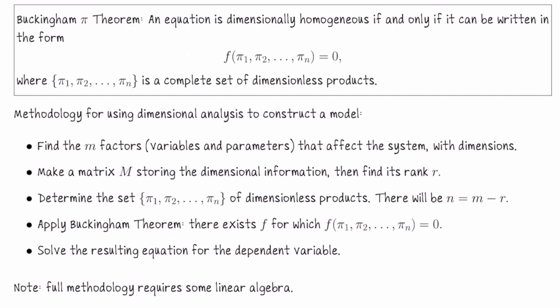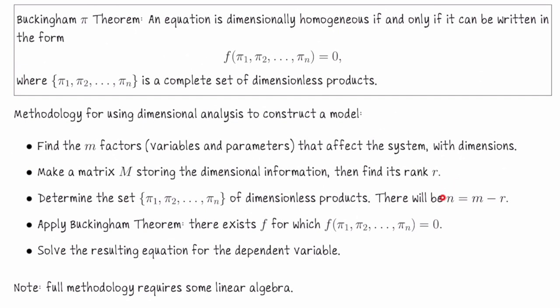Then we're going to do a little linear algebra. This could be complicated, but we're going to end up looking at the same story every time. We're going to create a matrix that stores the dimensional information for the factors that we identified. Then we're going to do what's called row reduction on our matrix, identify the rank R, and solve something with that matrix to determine the set of dimensionless products.